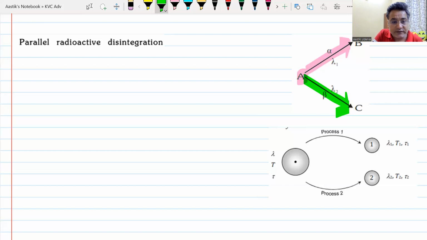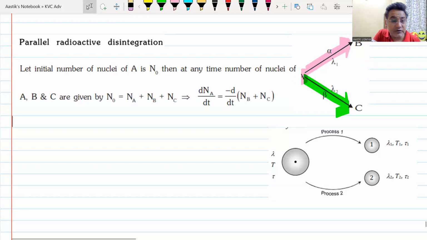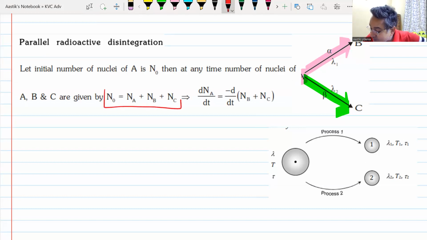If you have such a decay, some nuclei are decaying by process 1, some by process 2. So at any time, the total number of nuclei initially present will be equal to Na plus Nb plus Nc. You don't have to remember all these things, they might not be asked, but this is just for your knowledge. They might ask a part of this.